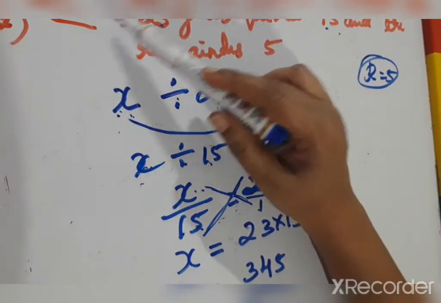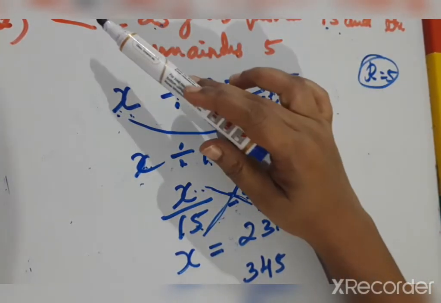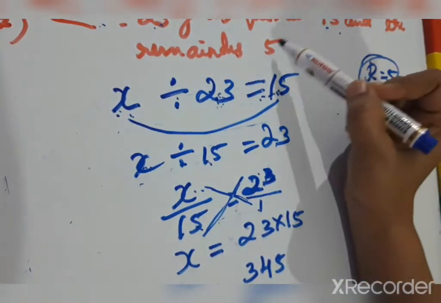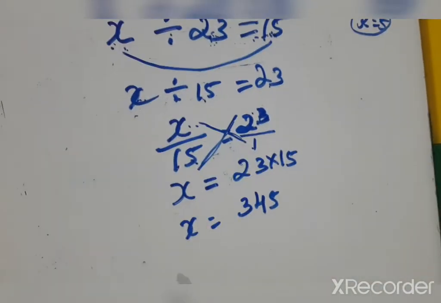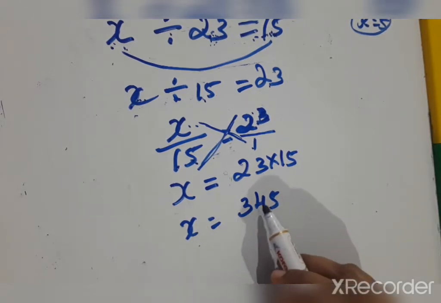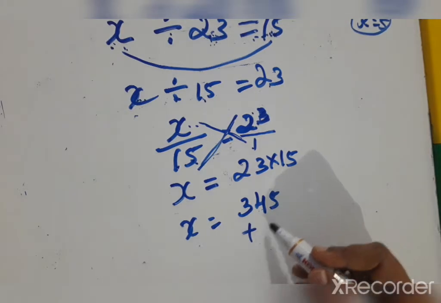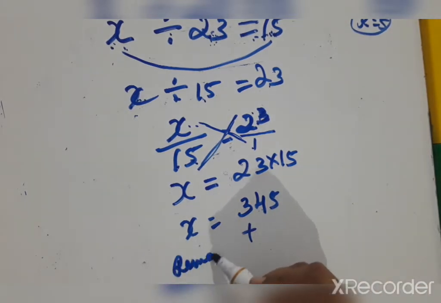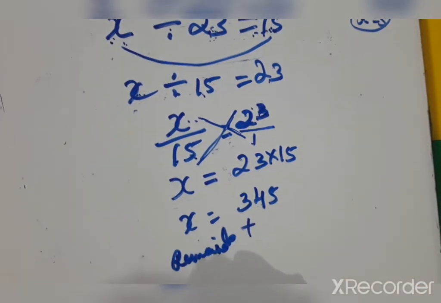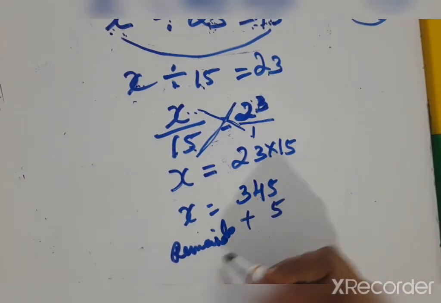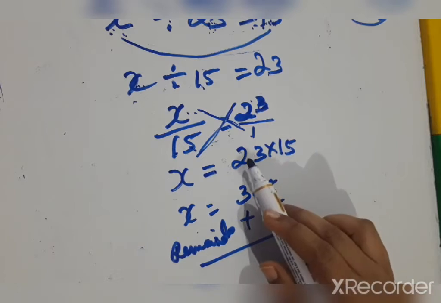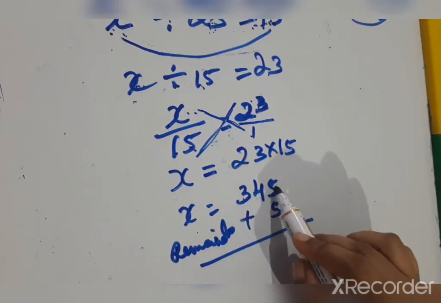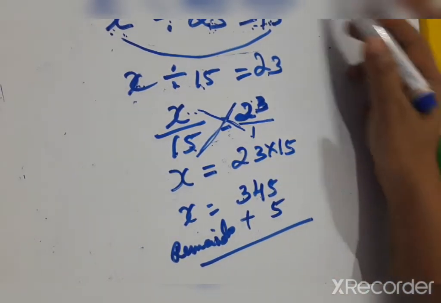So x value is 345, but we have to find the x value again because the remainder is 5. We have to add this remainder to the quotient number. So 23 into 15 is 345, plus remainder 5.